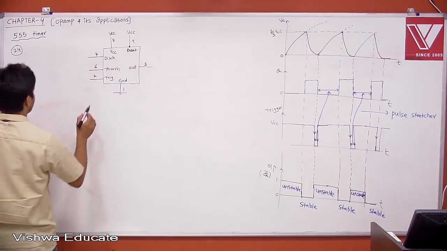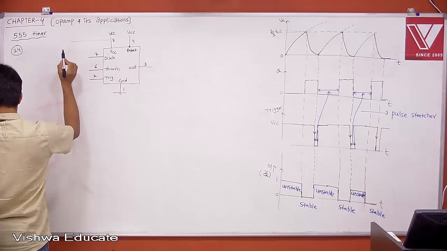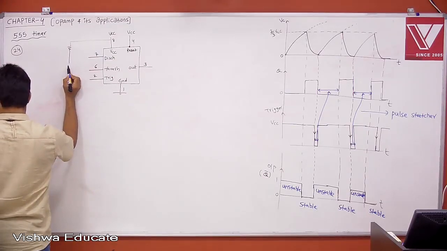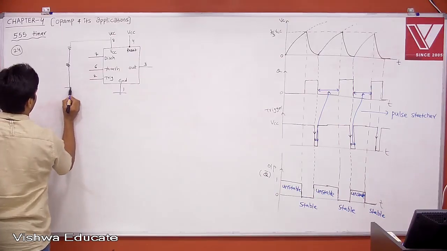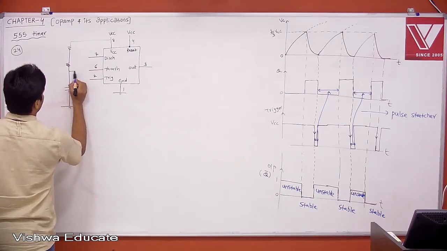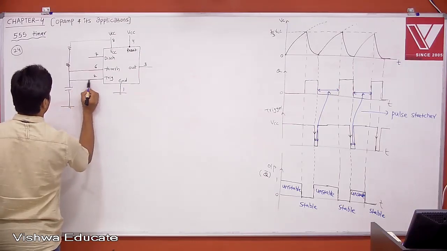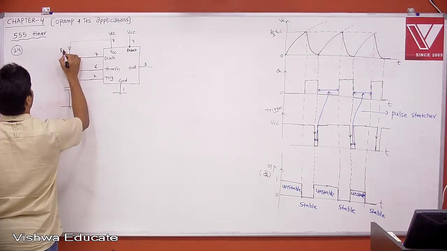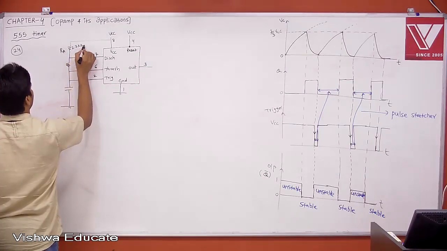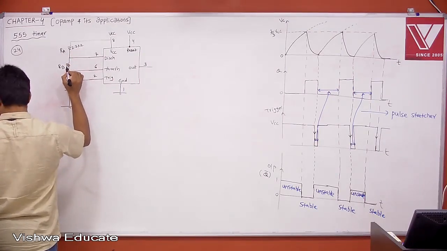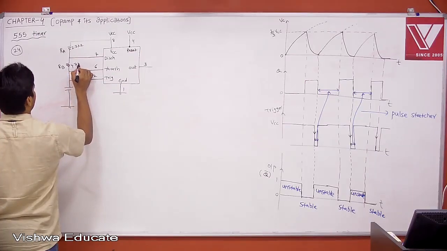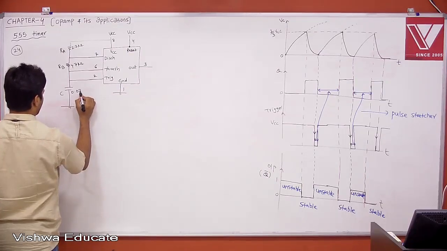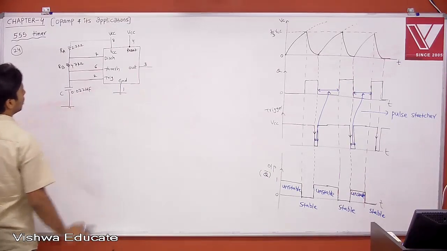Okay, and now the external circuit is, this is 8 connected with a resistor, then one more resistor and capacitor. This is RA, 2.2 kilo ohm, RB 4.7 kilo ohm, and C 0.022 microfarad. This is what is given.